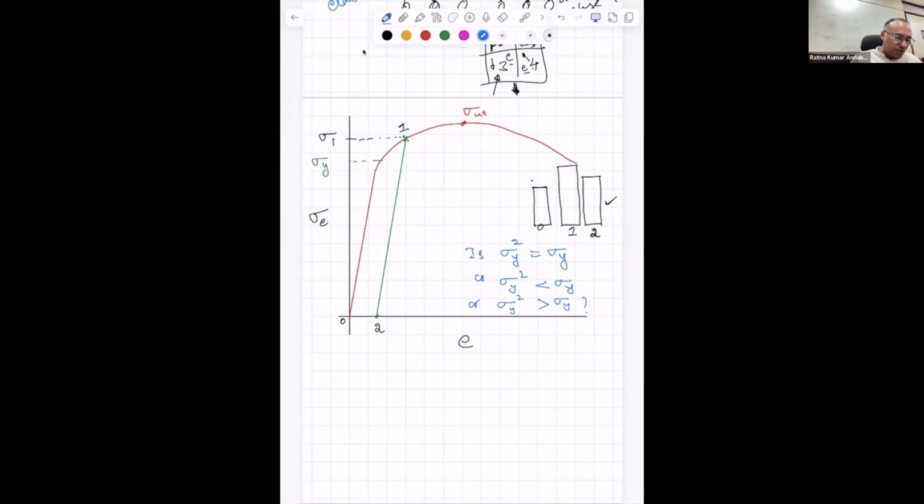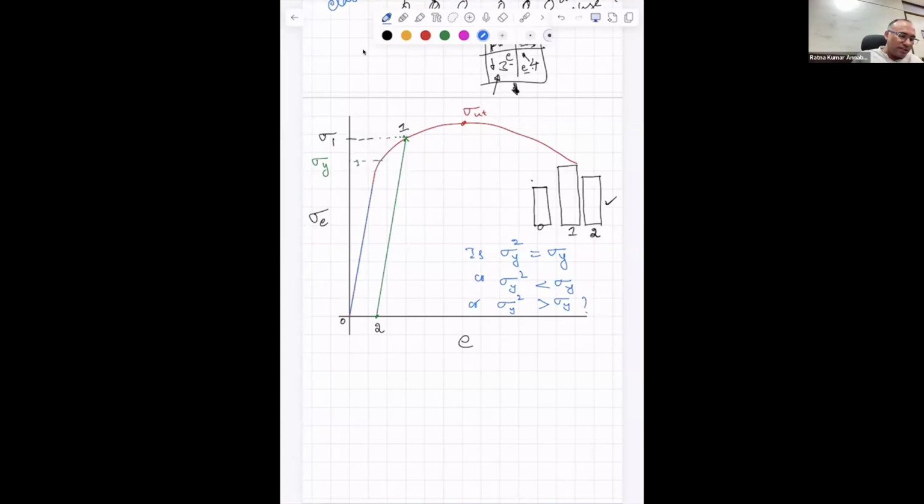So let me draw this picture. Will it be initially elastic or not? Sorry, it will be initially a straight line or a non-linear line? Straight. Linear. So it should be like that. Where will it start becoming plastic?